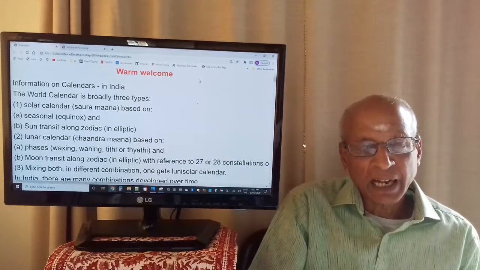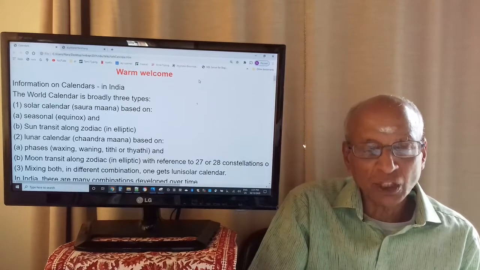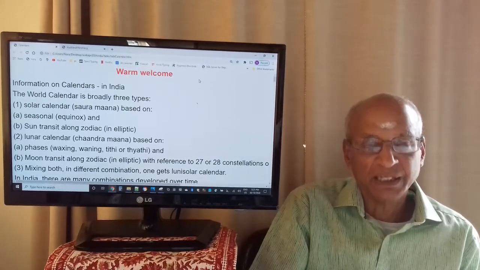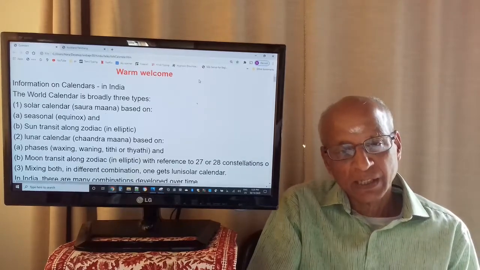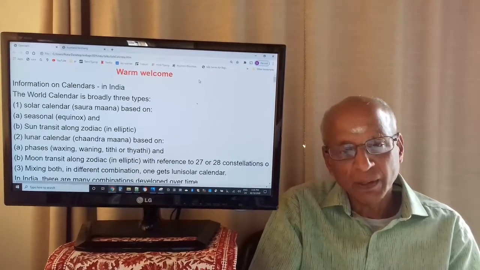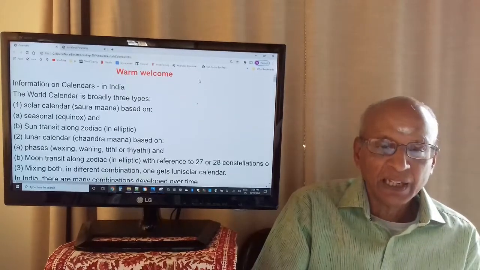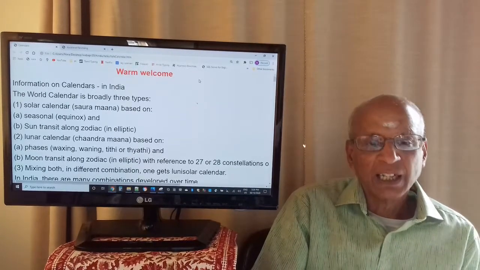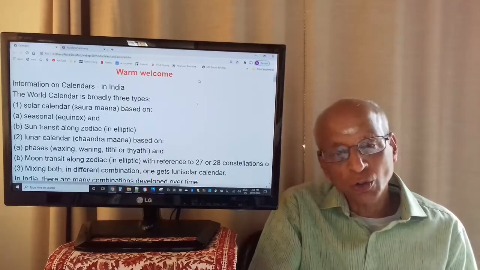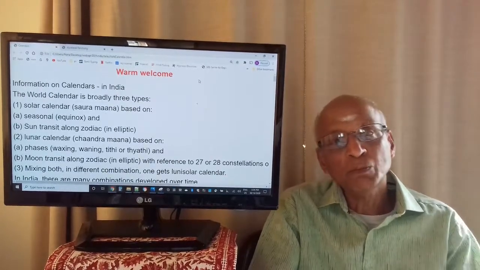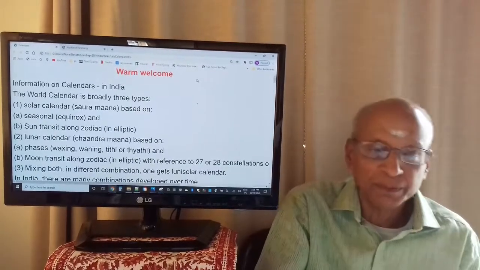Basically, the calendar is called solar calendar, Sauramana, based on seasons. The movement of the earth around the sun and 4 points, equinox and solstice. And looking from the earth, we observe the sun moves, transits along the zodiac in the ecliptic.